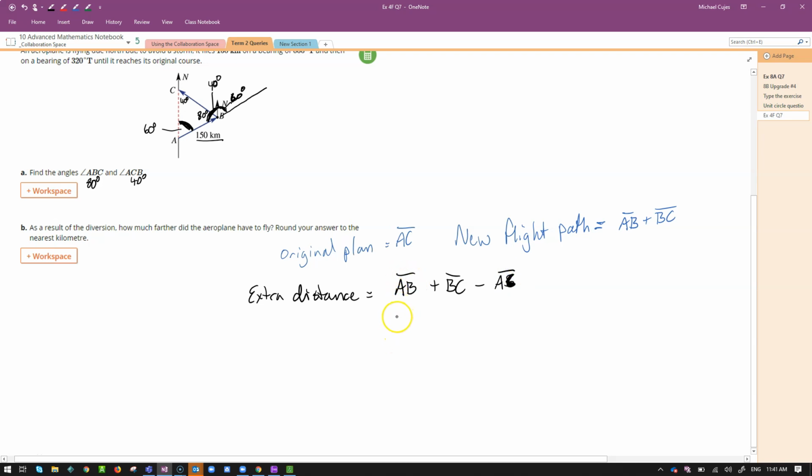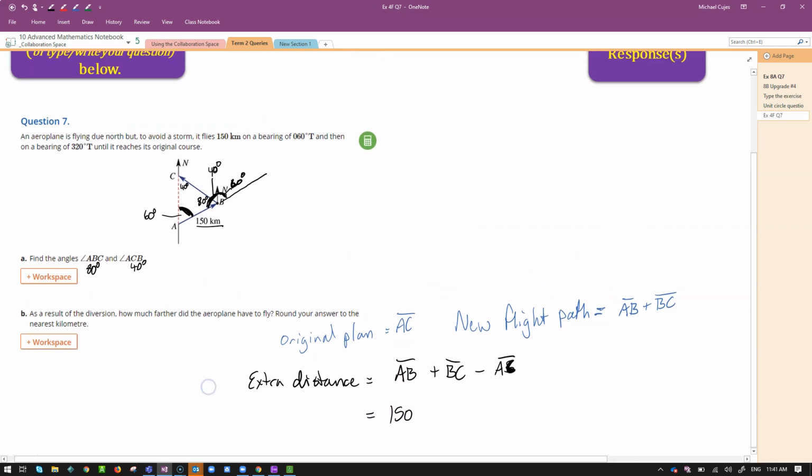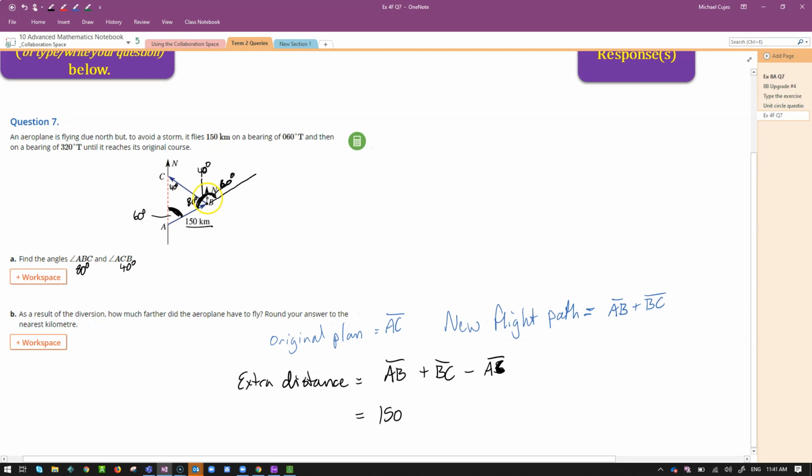And all I know at the moment is that AB is 150. So we need to come back up here to our triangle and see if we can find both length BC from B to C and also AC.